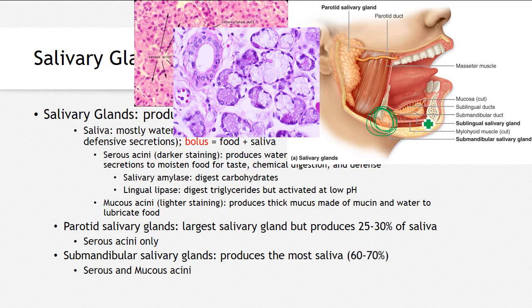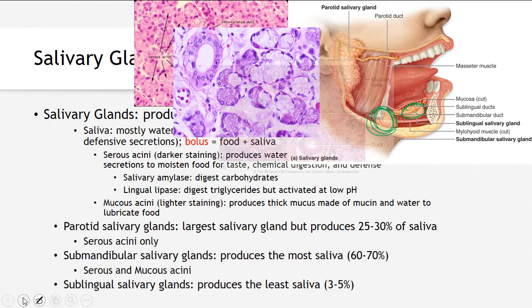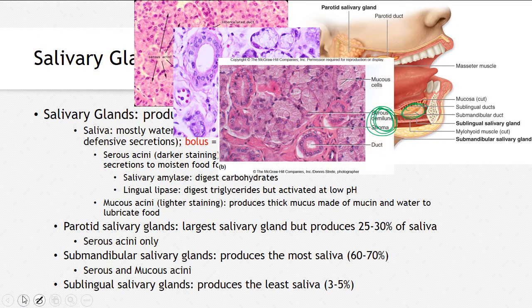Here are the sublingual glands. Lingual meaning your tongue, so the sublingual glands produce the least amount of saliva. Once again, there are serous acini, and the mucus acini are the lighter staining ones.